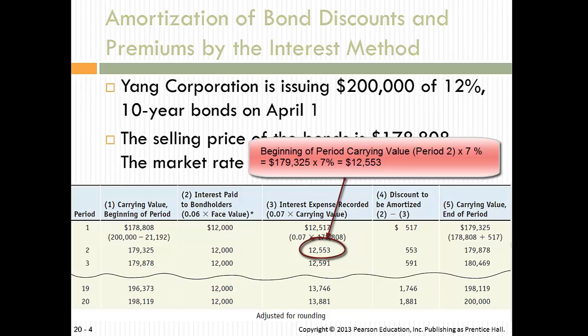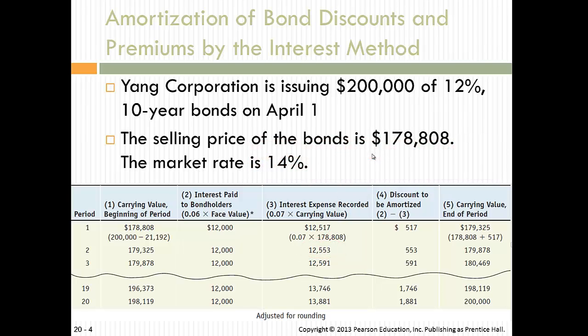So interest expense is $12,553. The amount of discount to be amortized is the interest expense of $12,553 minus the amount paid of $12,000, so that's $553.